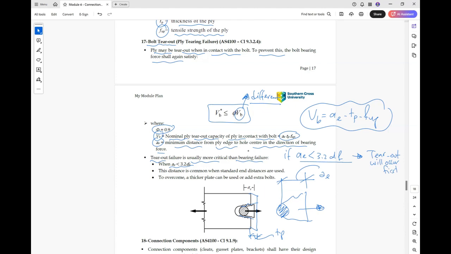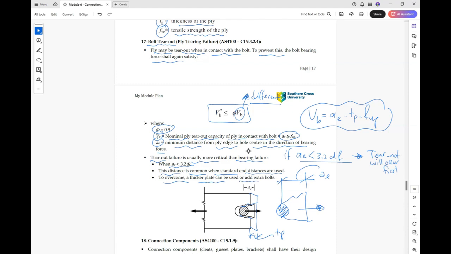This distance is common when standard end distances are used. So if you use the standard distance, this will happen first. To overcome this, a thicker plate can be used or an extra bolt added.